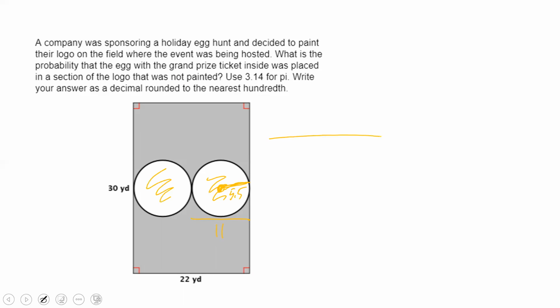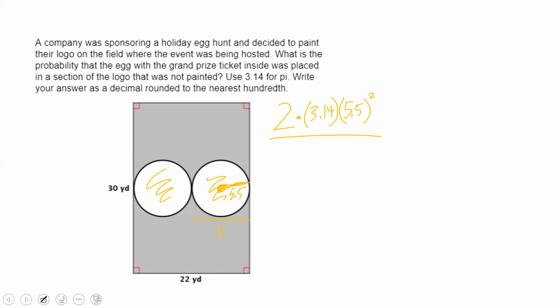So I'm going to say I have two of them times 3.14 times, so pi r squared, 5.5 squared. So 3.14 times 5.5 squared is going to give me the area of one of the circles. I'm using the 2 because I have two of them.